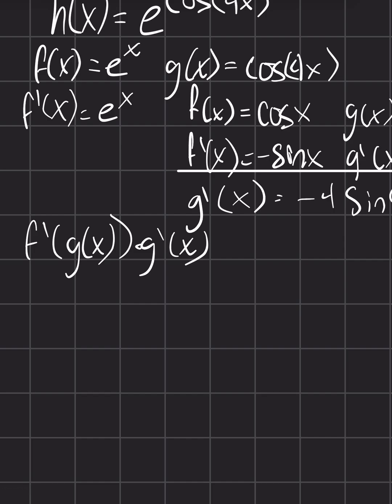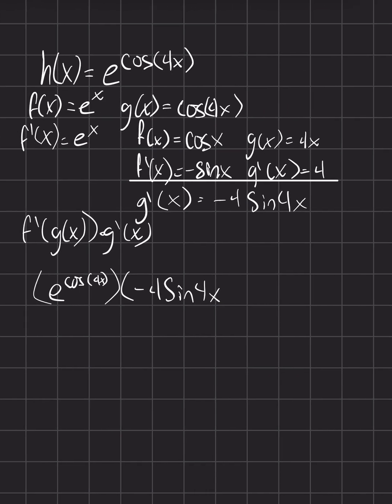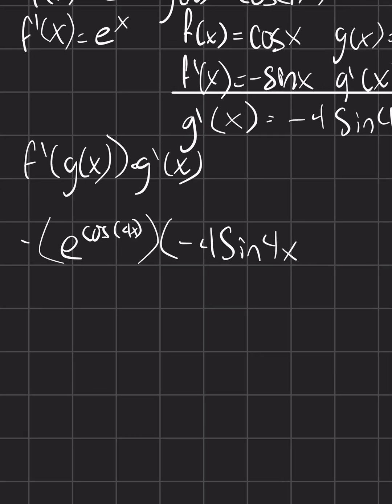We know that our f prime is e to the x, so we have e, and then our g is going to be cosine 4x, put in parentheses for now, and then times our g prime of x, which is negative 4 sine 4x. And then boom, that is our h prime.